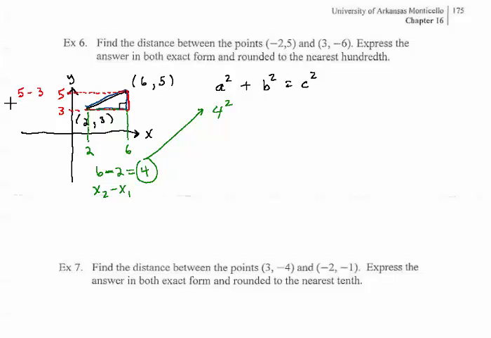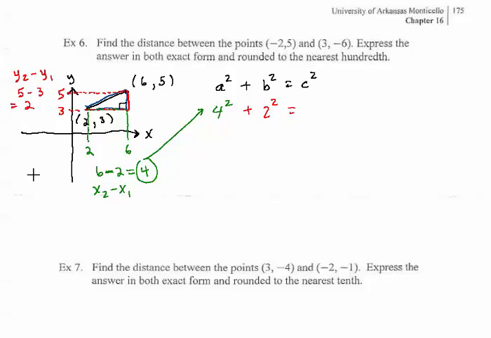We get 2. So b is 2, and we square it in our formula. If we were to just give general names to 5 and 3, we would call 5 y2 and 3 y1, the second y coordinate and the first y coordinate.